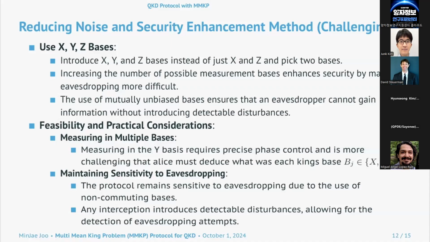Alice must deduce which basis each King used, whether it was X, Y, or Z. Additionally, the protocol remains sensitive to eavesdropping due to the use of non-commuting bases. Any interception will cause detectable disturbance, allowing eavesdropping attempts to be noticed.